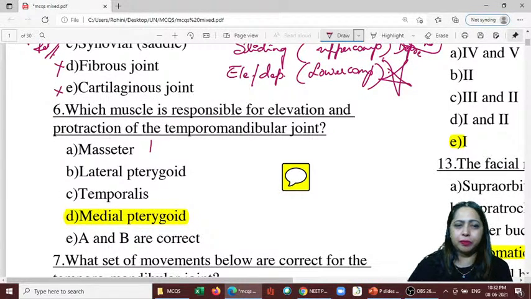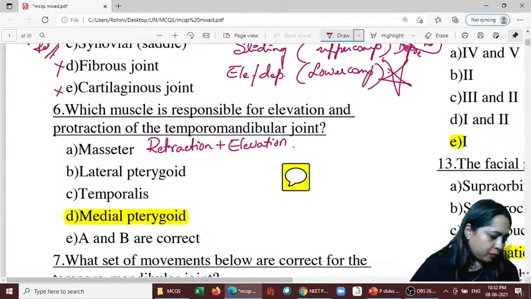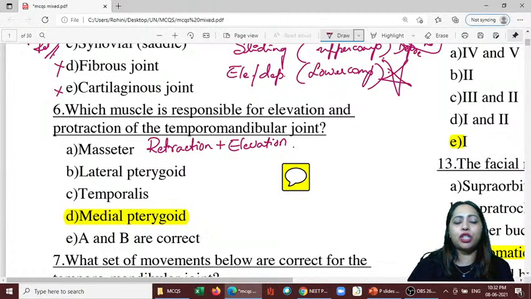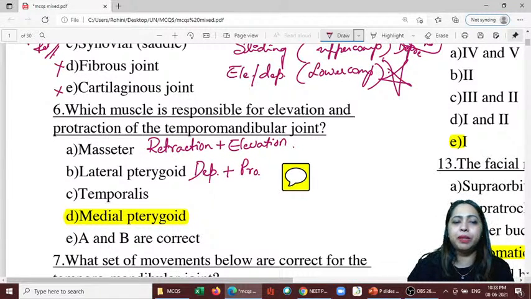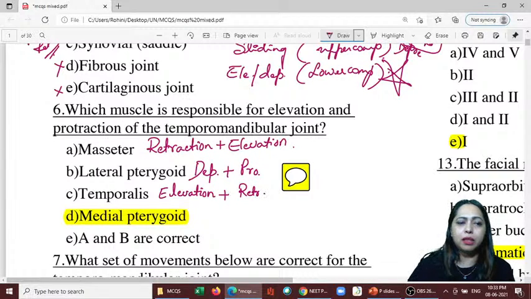It is retraction and elevation. What is the action of lateral pterygoid? That is depression plus protrusion. What is the action of temporalis muscle? That is elevation plus retraction, same as the masseter.